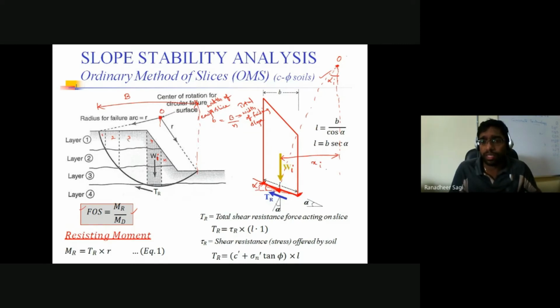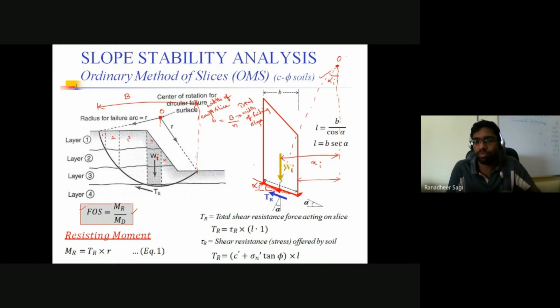So I am representing it with respect to the mid distance position of the chosen width of that slice. If I consider that perpendicular distance with reference to this edge, then the distance is something else. With respect to the other edge of the slice, it would be different. That's the reason for using the mid position, because the CG of the element is generally going to be acting at the mid distance of the chosen slice.